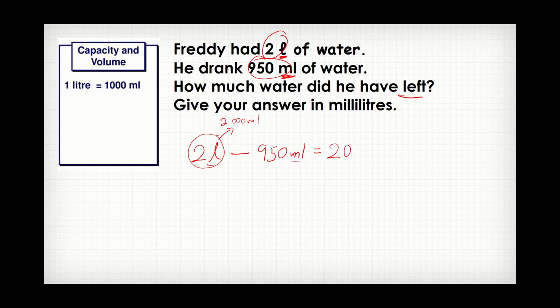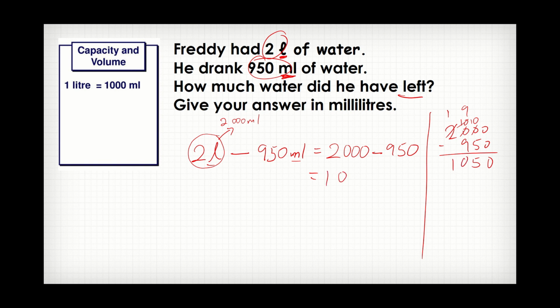So that will be 2000 minus 950, which is equal to, let's solve it at the side, 0, 10 minus 5 is 5, 9 minus 9 is 0, 1050 units, milliliters. Give your answer in milliliters. This is already in milliliters, and that is my answer.